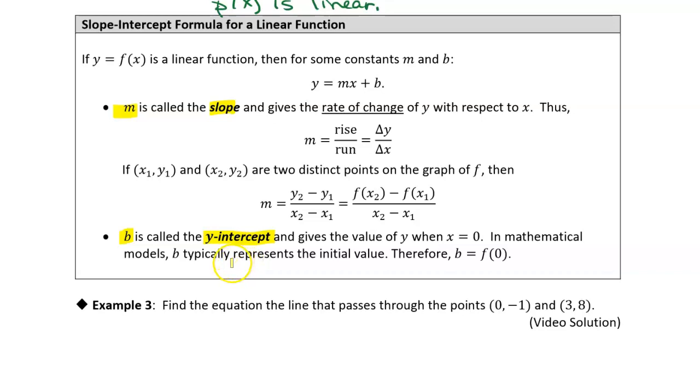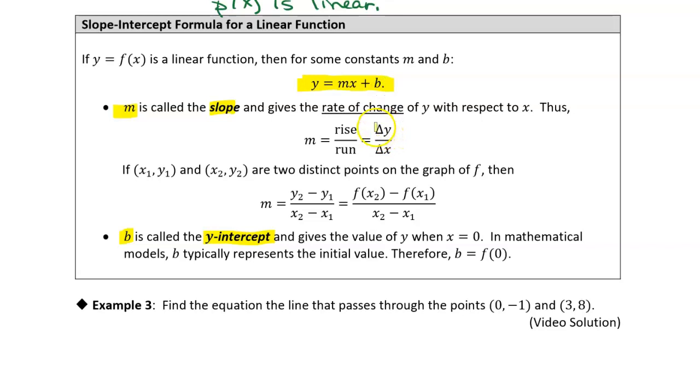That's why they call it the y-intercept. If you know that point and you also know the slope of the line, then you can write an equation for that line, and it's just y equals mx plus b.